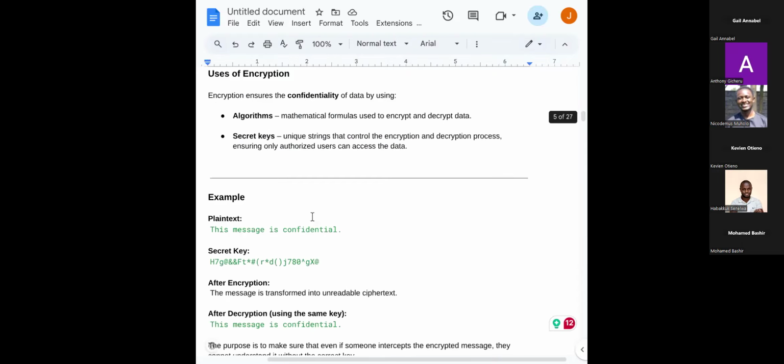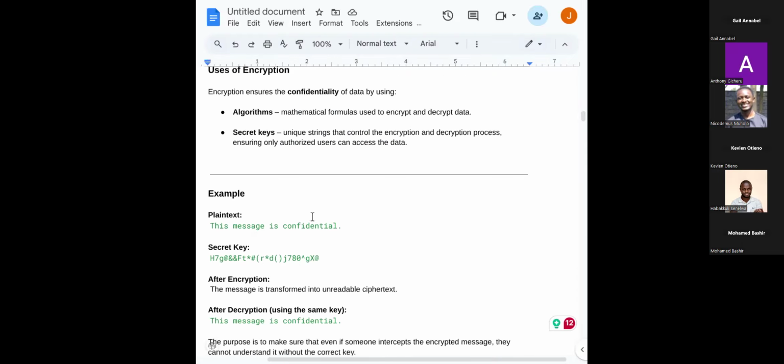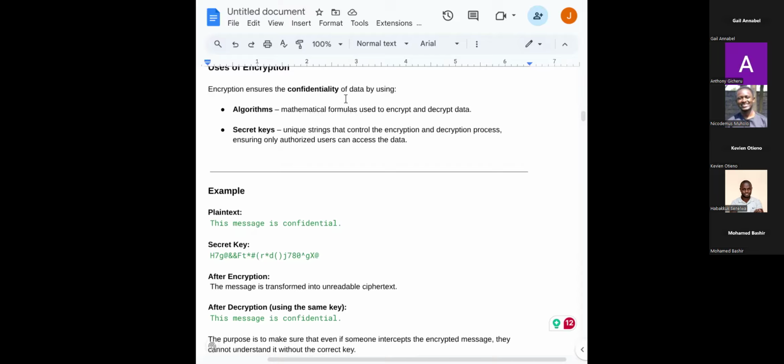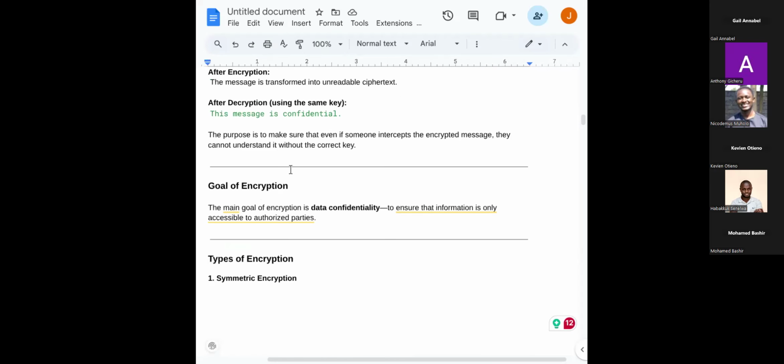In encryption, we ensure confidentiality by using algorithms, a mathematical formula, and a key. Remember, we said that you can take a key, for example a key of 3, and move the alphabets to the next 3 letters after a letter. And we saw an example.